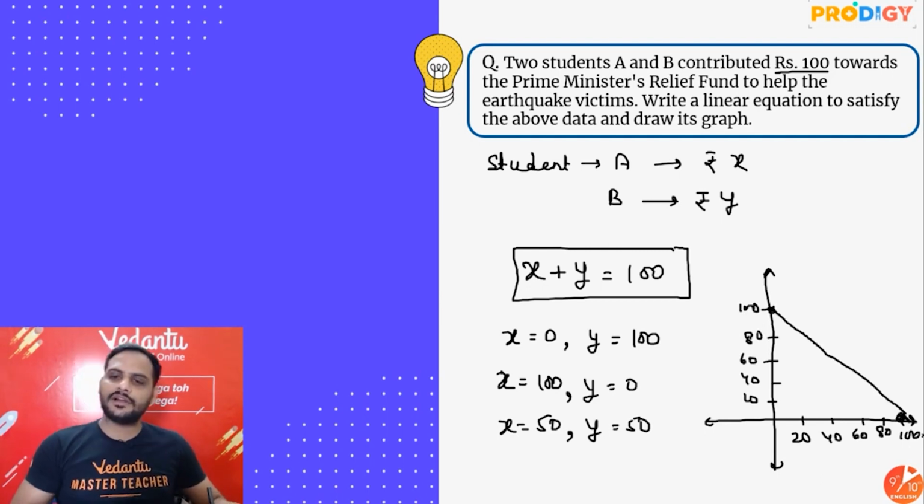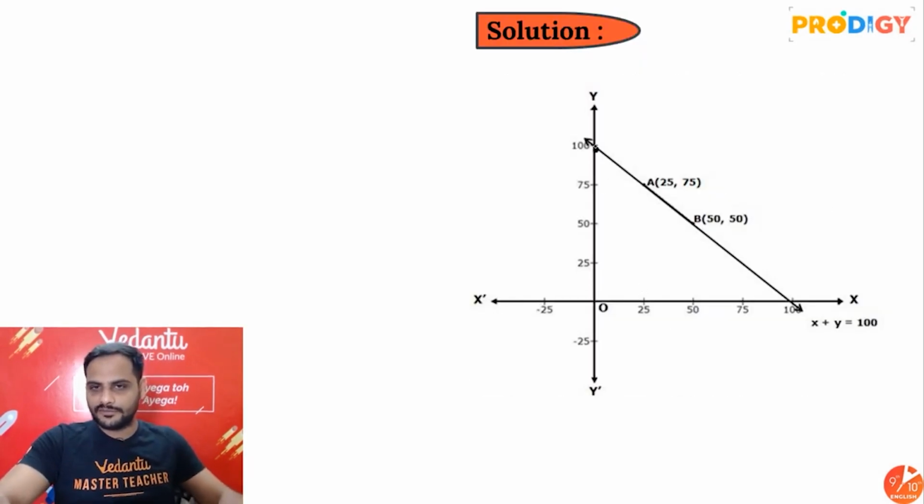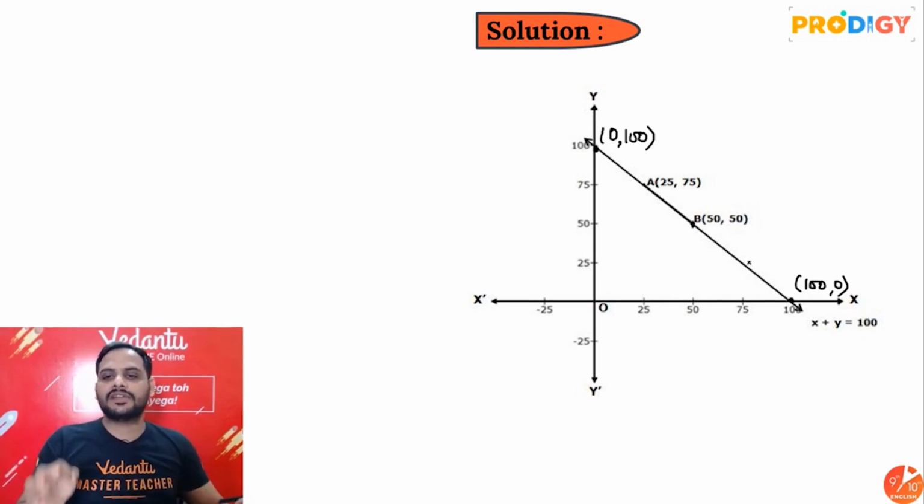This is 0, 100, 100, 0. Okay? The graph I'll show you over here clearly. Look, this point will be 0, 100. This point is 100, 0, and here you have point 50, 50. So this will be the line which is representing this situation.